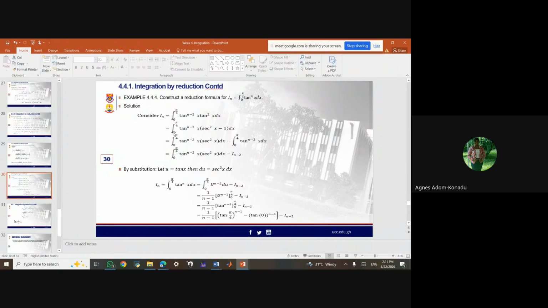So I have it as the integral from 0 to pi on 4 of tan n minus 2 of x sec squared x dx, minus the integral from 0 to pi on 4 of tan n minus 2 of x dx. If I n is this, then I can represent tan n minus 2 as I subscript n minus 2. So in place of this, I will just write I n minus 2. It means we are substituting.